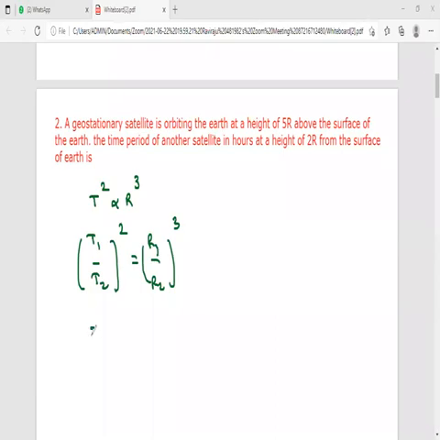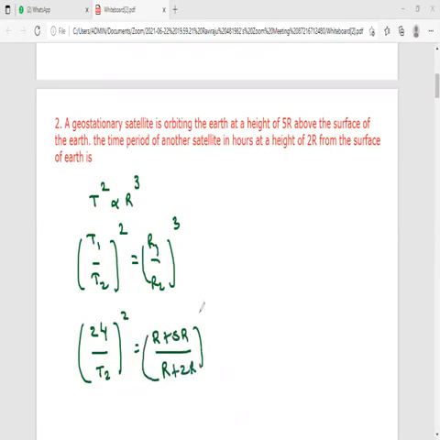So in the first case for the geostationary satellite it is 24 hours. In the second case T2 you have to find out, whole square equal to. In the first case the distance was 5R given, 5R from the surface of Earth, but the distance you have to consider from the center of the Earth only. So you have to write R plus 5R, and in the denominator it will be R plus 2R whole cube.